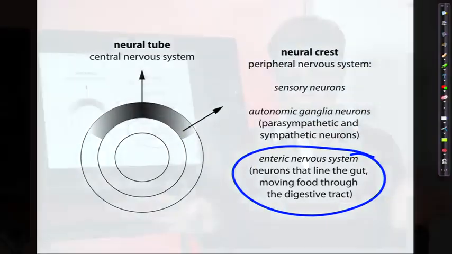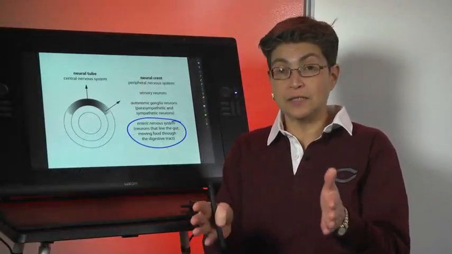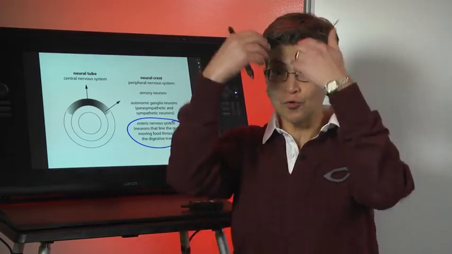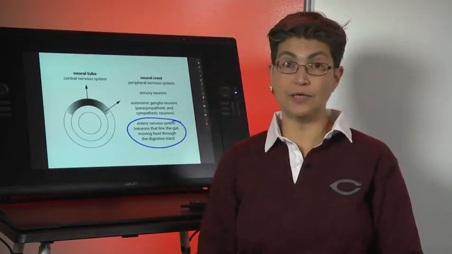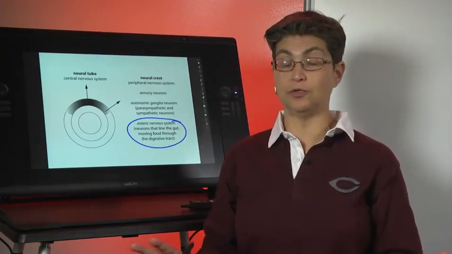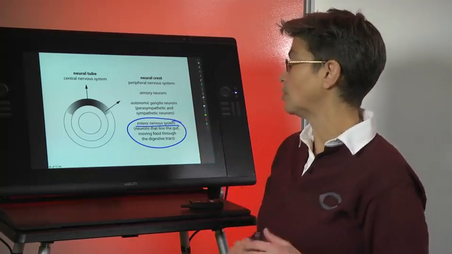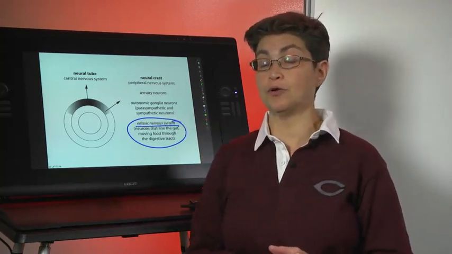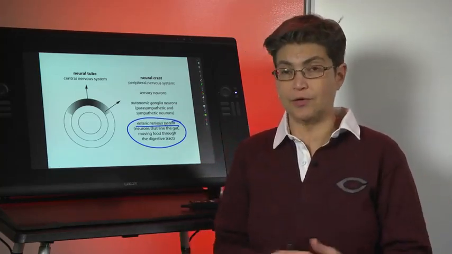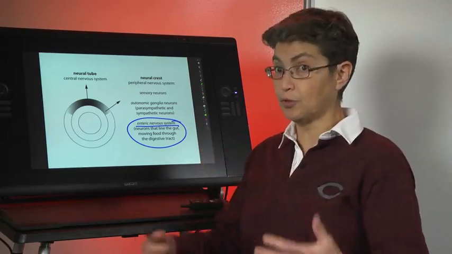And this is responsible for the automatic movement of the contents of the gastrointestinal tract through the entirety of that tract from your esophagus out until you void feces. And so in situations where there is no enteric nervous system, or more commonly where there is a reduced number of neurons in the enteric nervous system, this typically happens at birth.